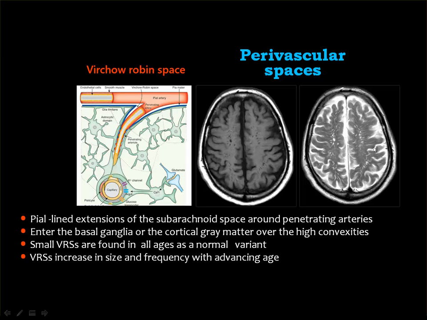These foci are usually smaller than this, but many times you get abnormal enlargement of the Virchow-Robin spaces, which is considered sometimes as a normal variant, and sometimes is related to some diseases like Canavan disease, which affects the Virchow-Robin spaces.